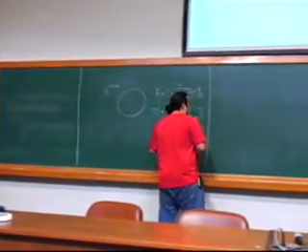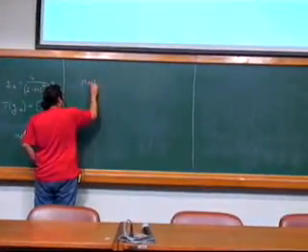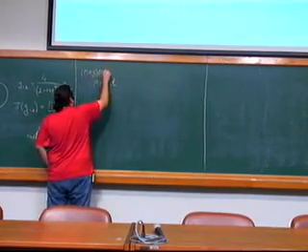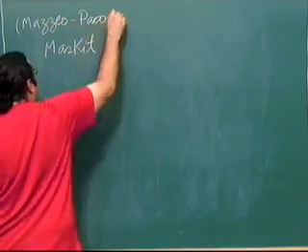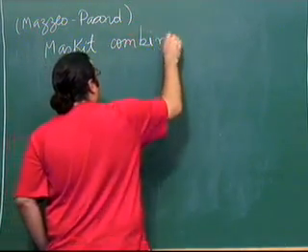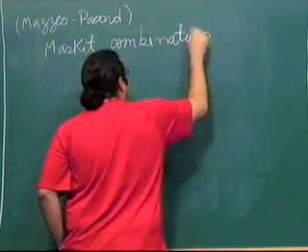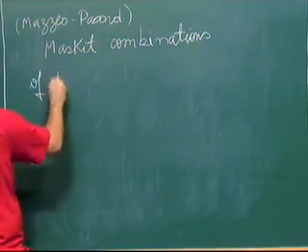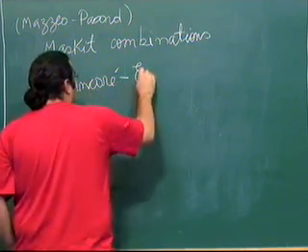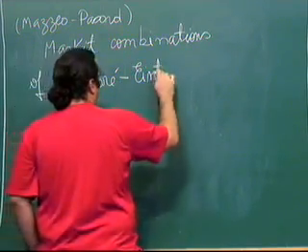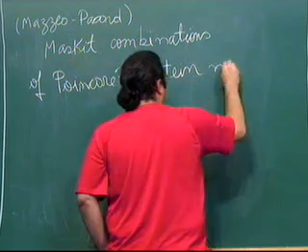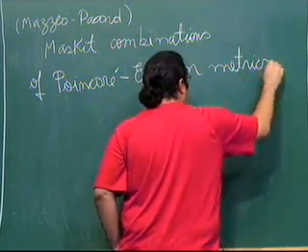The paper is called Maskit Combinations of Poincaré-Einstein Metrics.